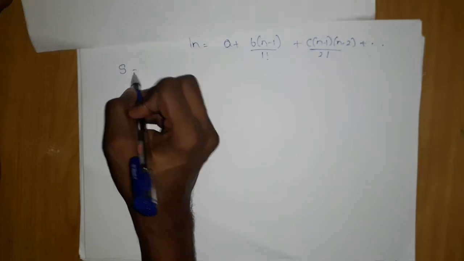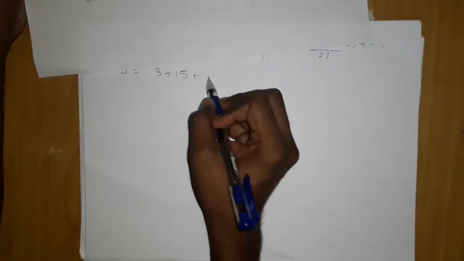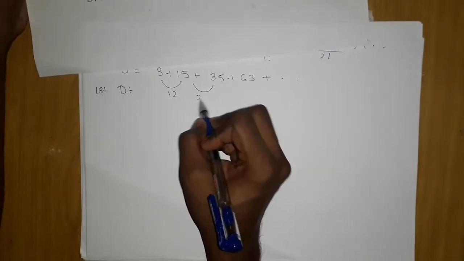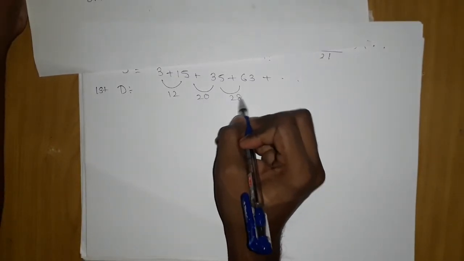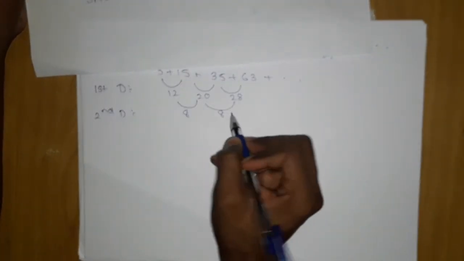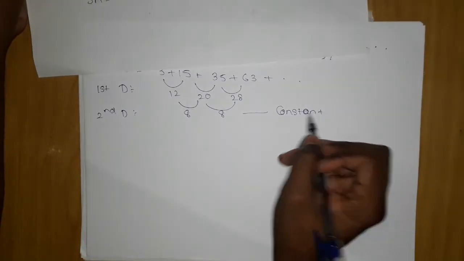Write S as 3 plus 15 plus 35 plus 63 and so on. First I will write the first differences D: 12, 20, 28. Now second D, I'm still not getting a constant value, 8, so a constant value appears. Now let's apply the formula.